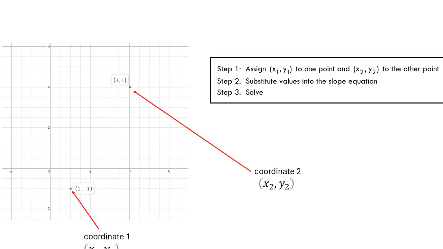Now let's look at another example with the same coordinates. This time we will figure out the slope of a line that passes through these two coordinates, but we will use a different method. Let's refer to our uppermost coordinate as point 2 and our lower coordinate as point 1.